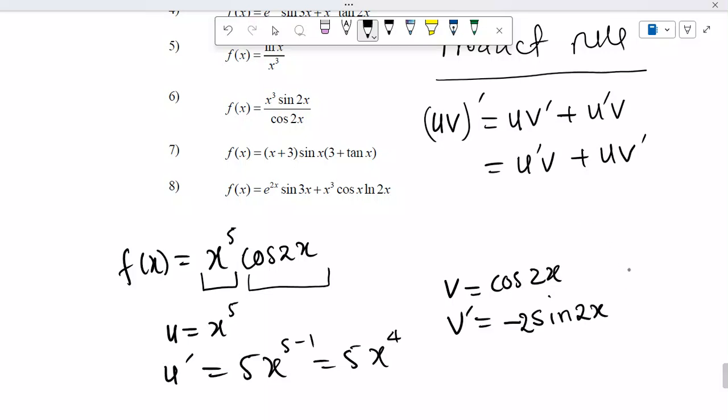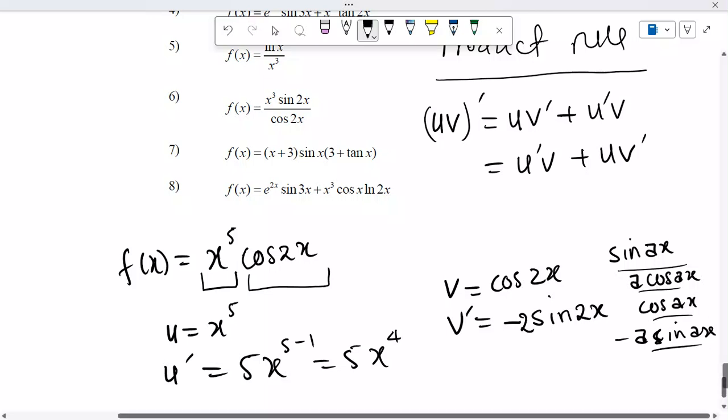I emphasize this: if you're differentiating, let's say cos ax, you take out the a, then it will be negative sine ax. Differentiating this will give you this. A can be any number, it can be 10, so in this case it's 2. So you take out the 2, then what is the derivative of cos? It is negative sine.